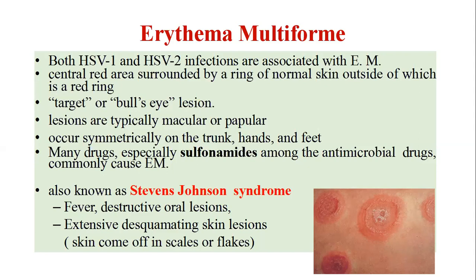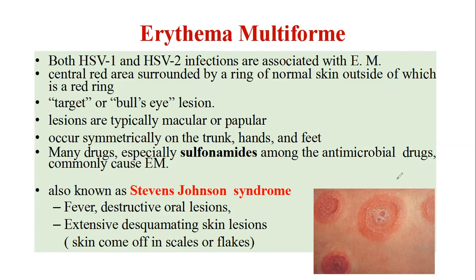The symptoms are a central red area surrounded by a ring of normal skin, outside of which is a red ring. It's just like a bull's eye. The lesion looks like a bull's eye.